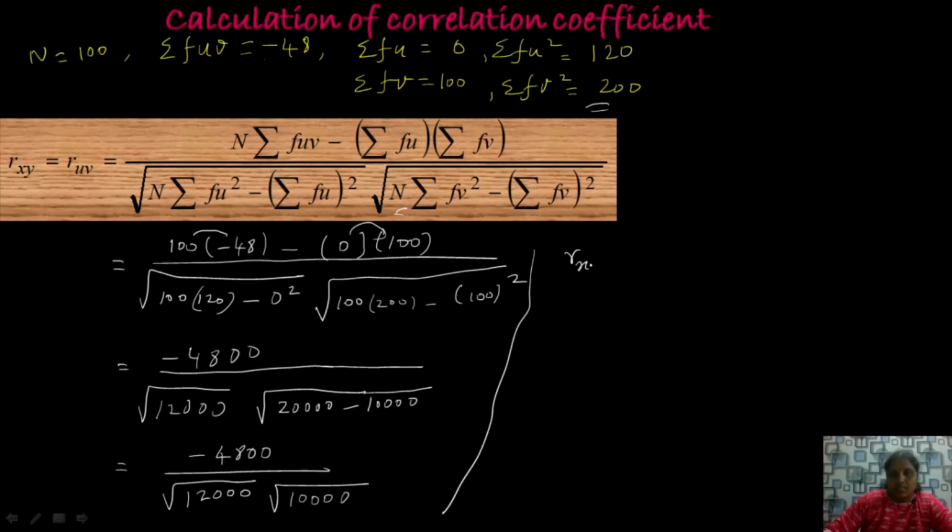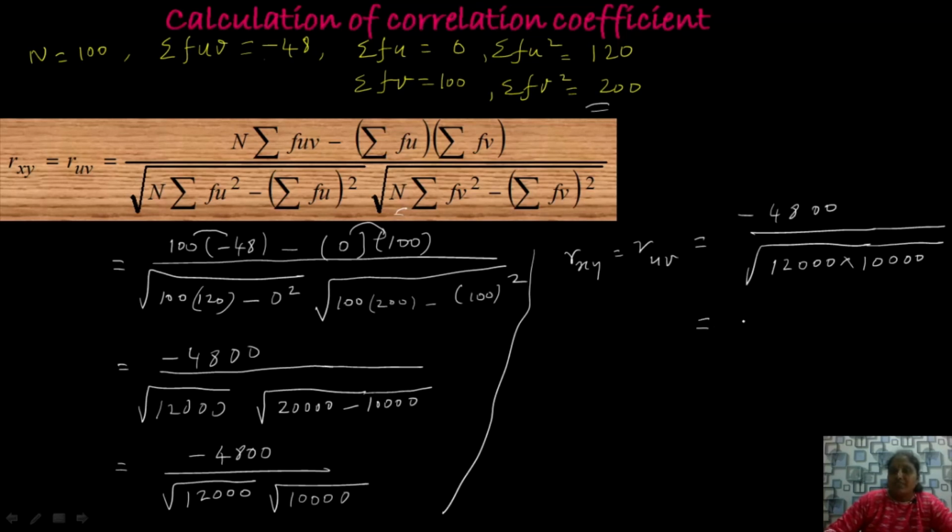So r_xy, r_uv, is equal to minus 4,800 over under root 12,000 multiplied by 10,000.